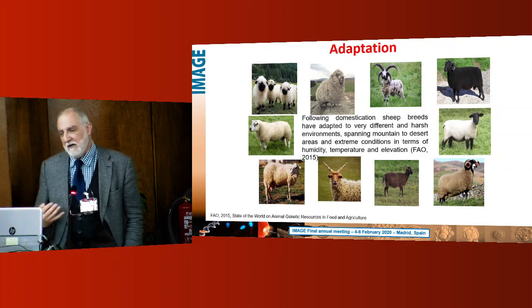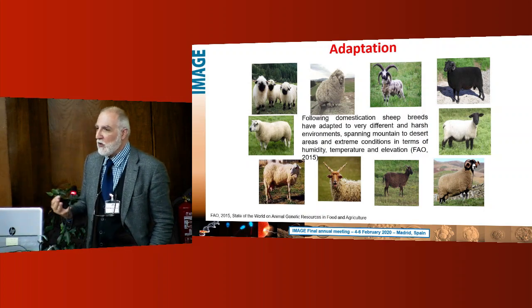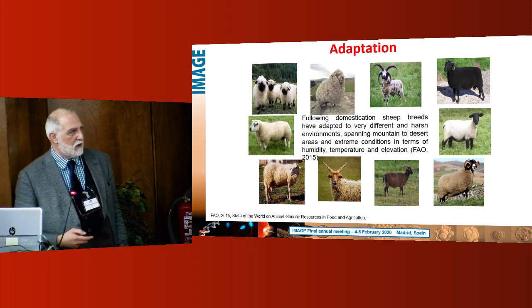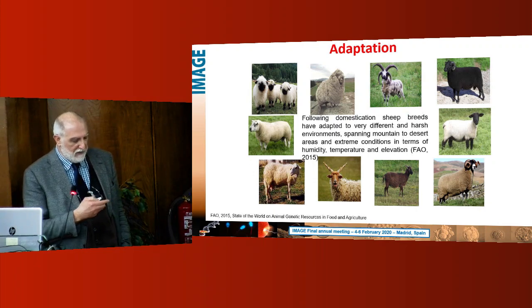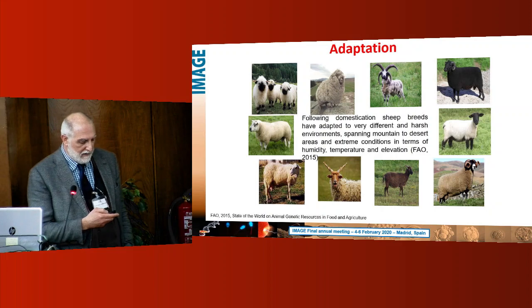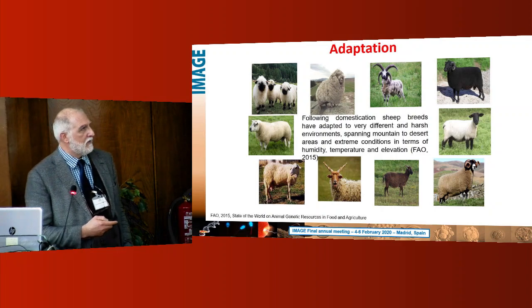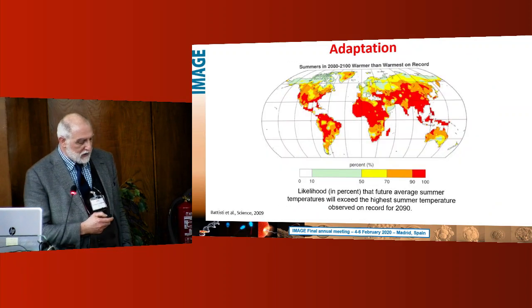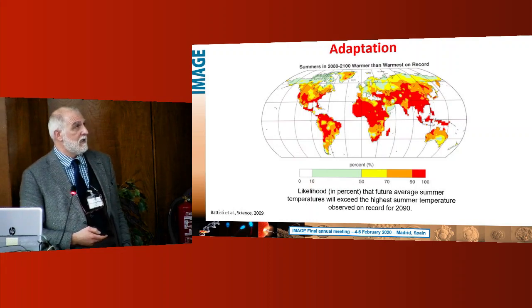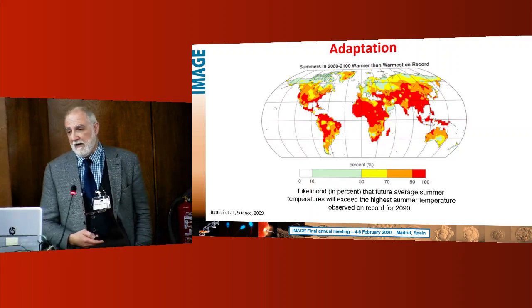Of course, the story is more complex, but this is the basic process that led to adaptation to very different environments in terms of humidity, temperatures, day length, light length, and so on. Trying to understand adaptation is very important probably right now because of rapid climate change.